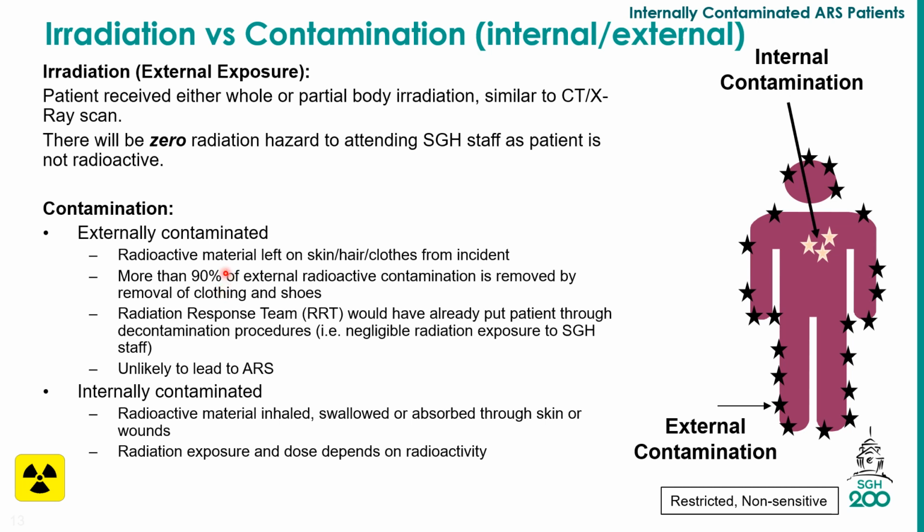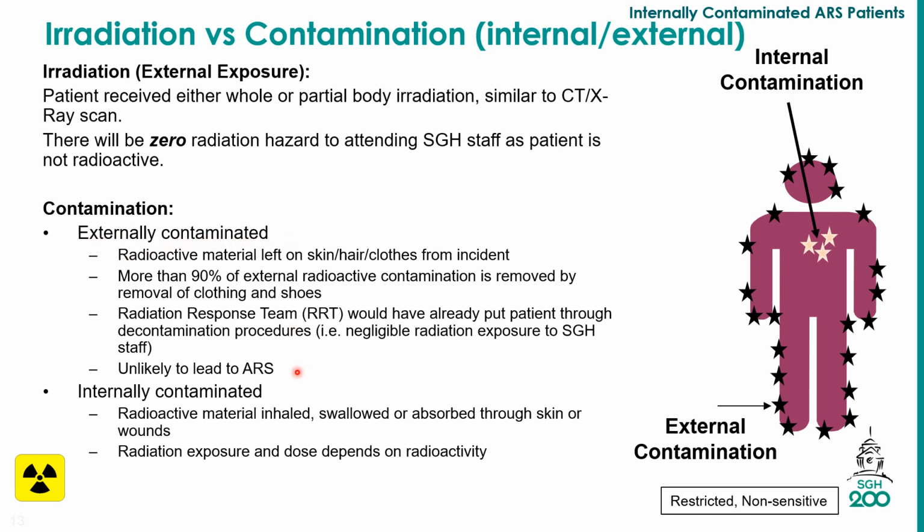Only 10% may be found on the hands, where there is no skin covering or clothing, or perhaps on the face or on the hair at the back. That's where the 10% of radioactivity may have fallen for externally contaminated casualties.